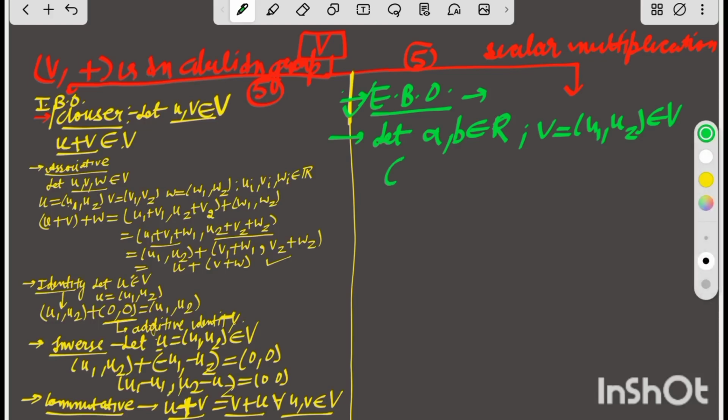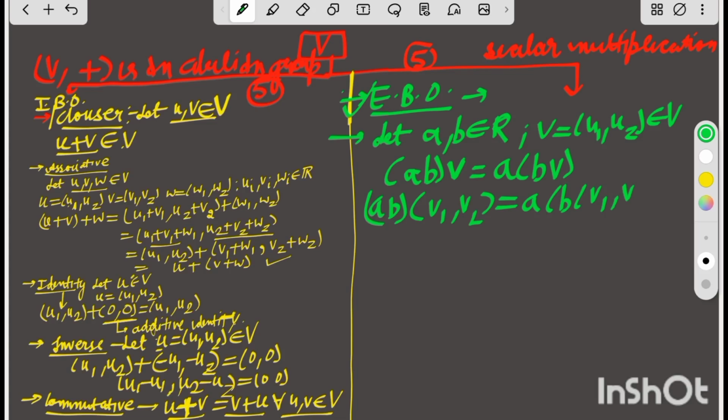We have to check that if we multiply A and B and then the vector V, we get the same result as if we multiply B and V first and then A. So what is the vector V? Vector V is (V1, V2), where V1 and V2 belong to the set of real numbers. How do we define the scalar multiplication? The scalar is in the set of real numbers, as the product of two real numbers is a real number.